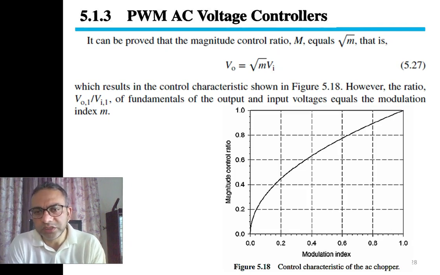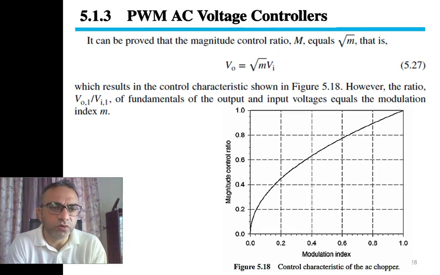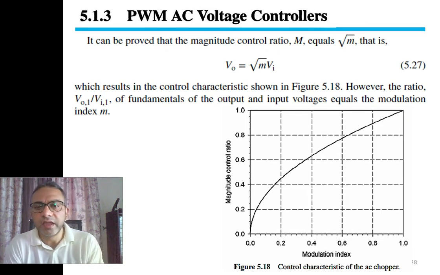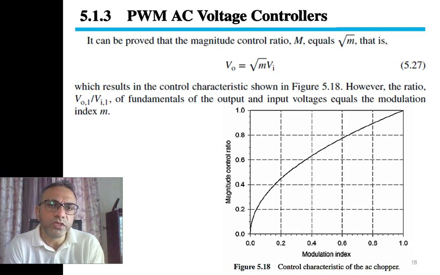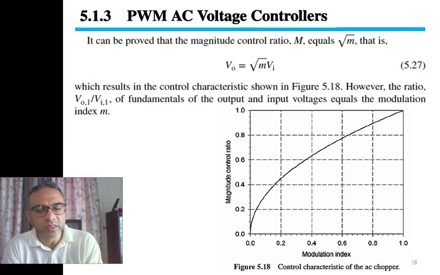When the modulation index is very small, output voltage is also very small, and when the modulation index increases, the output voltage also increases. The maximum available is 1, and output voltage becomes equal to the input voltage. So we cannot get output voltage larger than the input voltage.